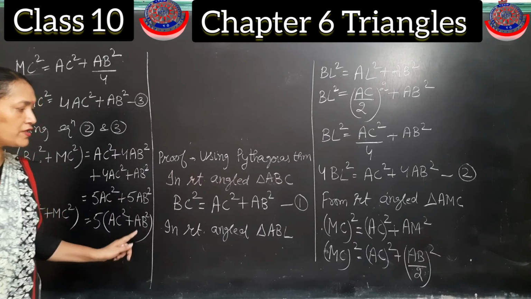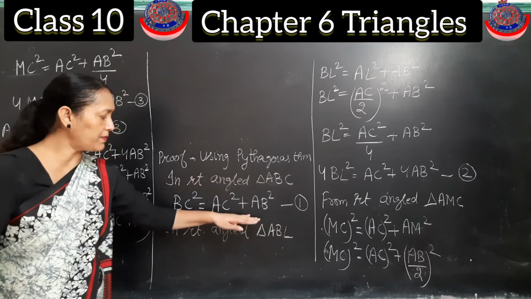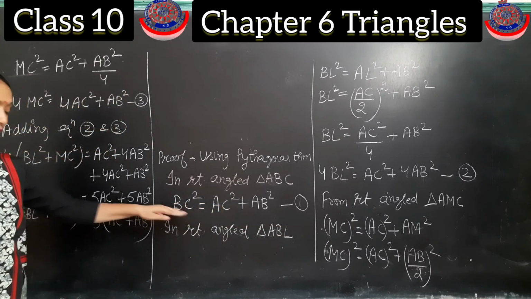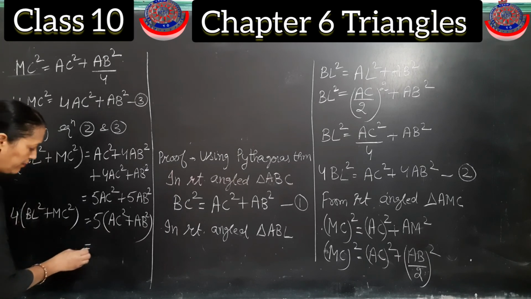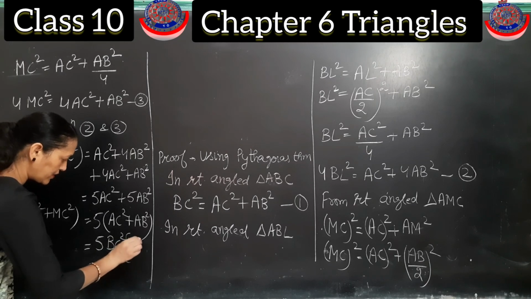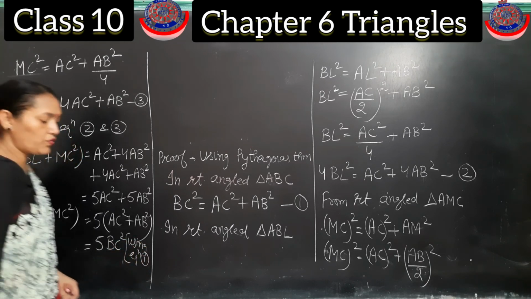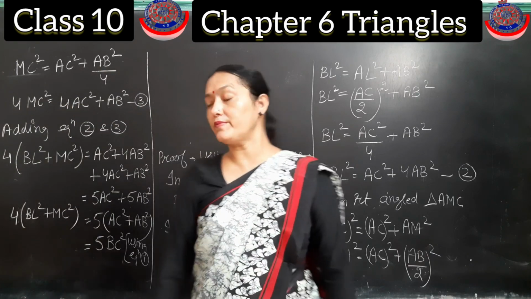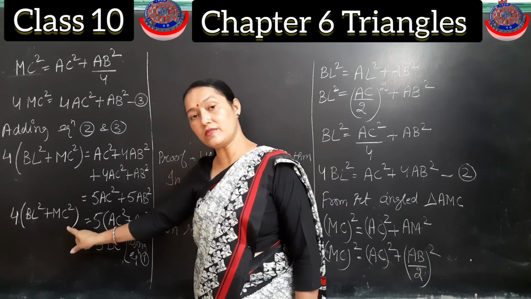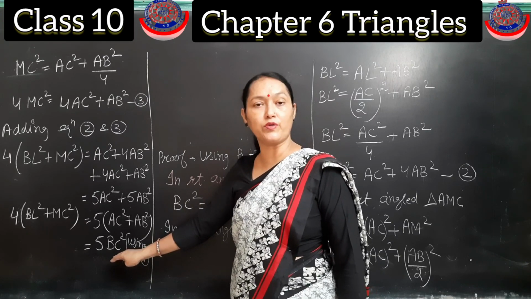Here if I use equation number 1, I can replace this AC square plus AB square with BC square. So I can write 5 times BC square using equation number 1. So what we have got? 4 times the sum of the squares of the medians is equal to 5 times the square of the hypotenuse of the main triangle.